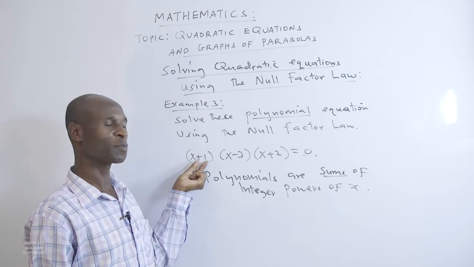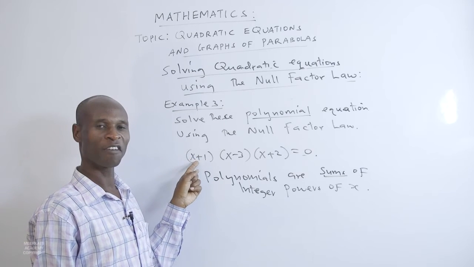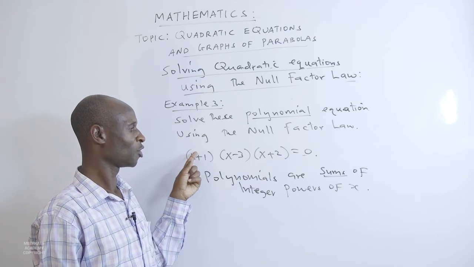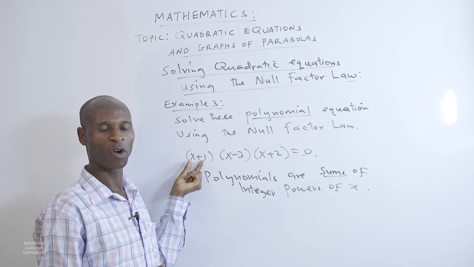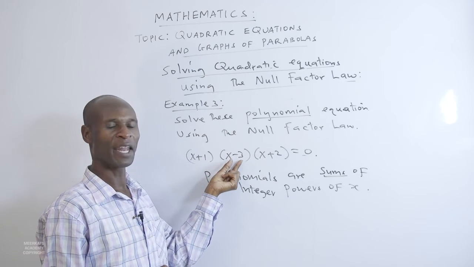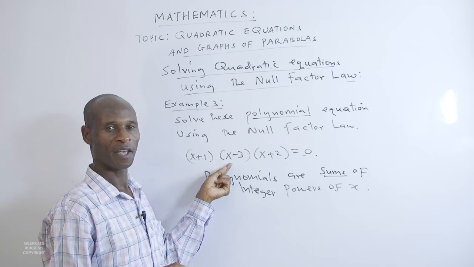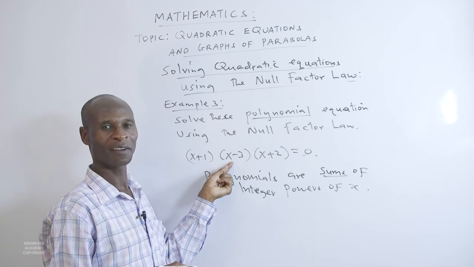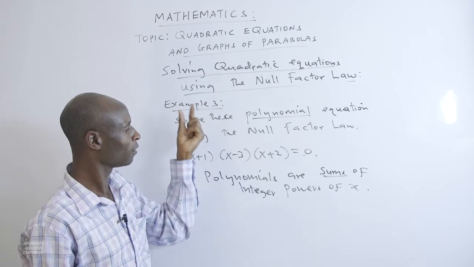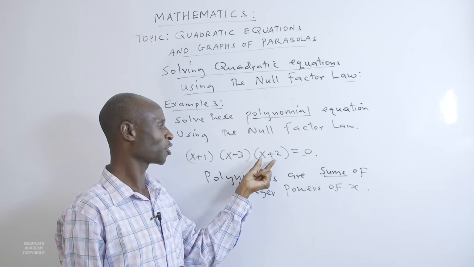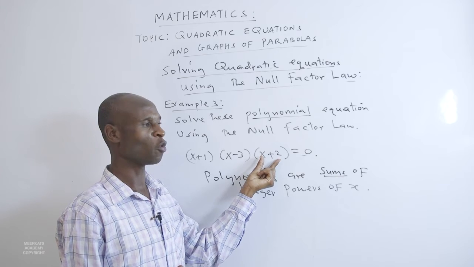Like here we have x plus 1. What is the power of x here? The power of x in the first linear factor is 1. So we call that a linear polynomial. X minus 3. X is a variable and its power is 1 and therefore is a linear polynomial. X plus 2. The power of x is 1, and therefore x plus 2 is again a linear polynomial.